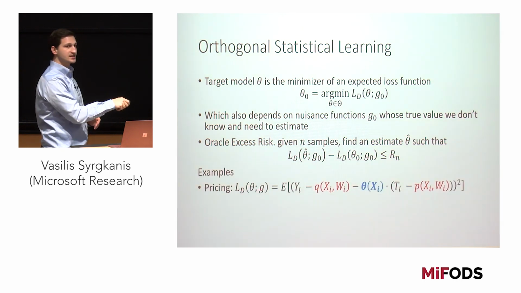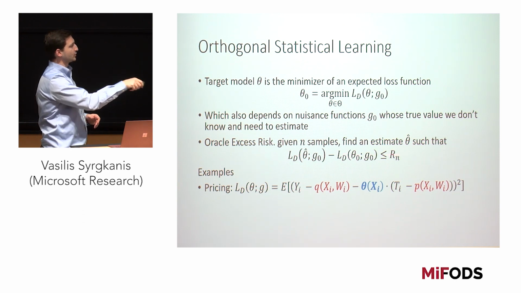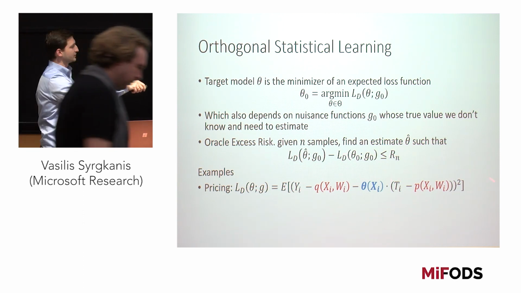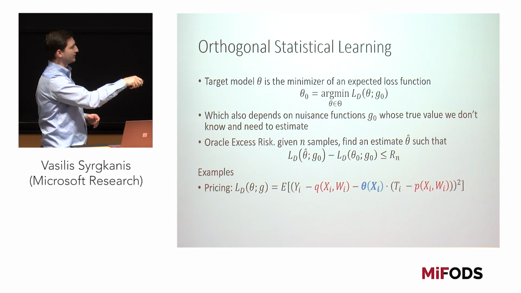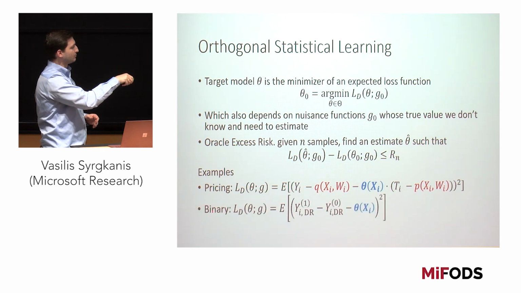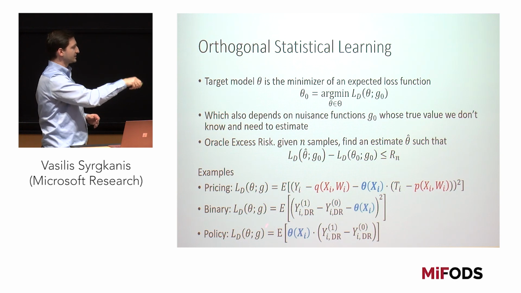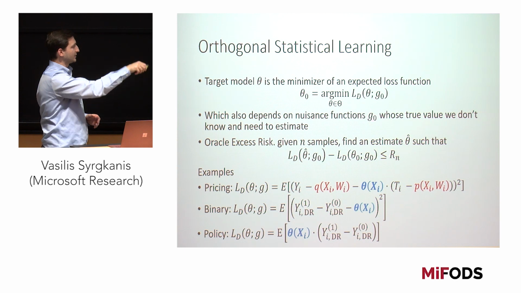So for instance, in the pricing example, this is the implicit population loss that you were trying to minimize, the square loss that depends on the direct regression model and the propensity model, and theta is your heterogeneous effect. In the binary treatment case, this was your population loss that again here depends on the regression model and the propensity model. And this is your target model that you're interested in. And in the policy example, this is the linear population loss that you were interested in, where again it might depend on these nuisance functions.